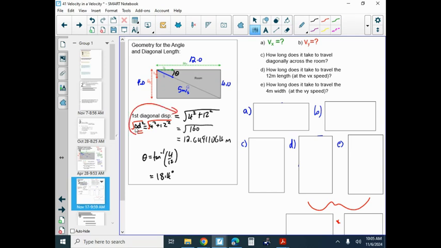And same thing for the tan inverse. We could have said tan of theta equals opposite over adjacent, so 4 over 12. And then took tan inverse of both sides.